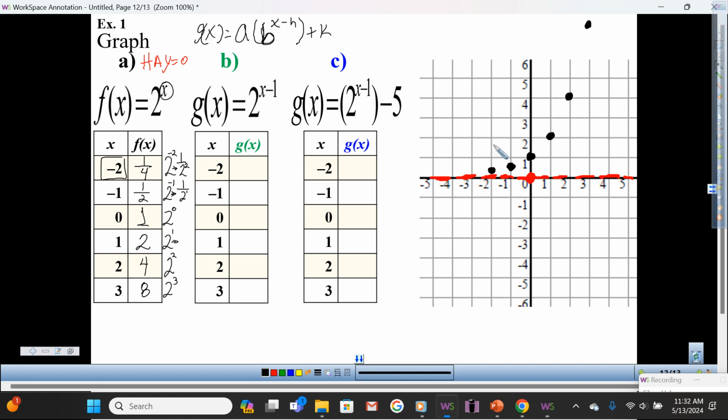And let's go from left to right. There it is. So what do you guys notice? Going from left to right, what happens to the values? They go what? Up. That is correct. They increase.